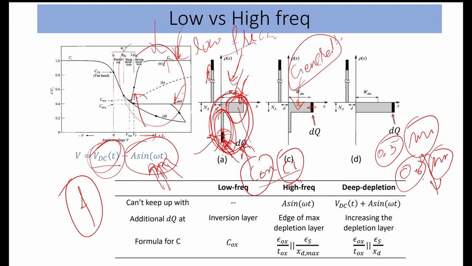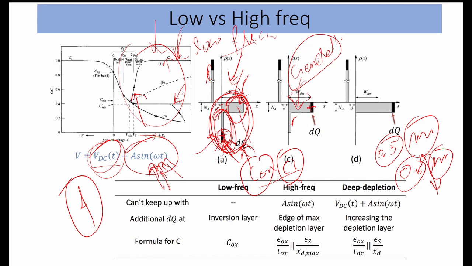So this was the maximum depletion region width that could go, but after that, because the frequency is too high, the generation cannot happen at that faster level, so the charges will be uncovered from the depletion region edge.